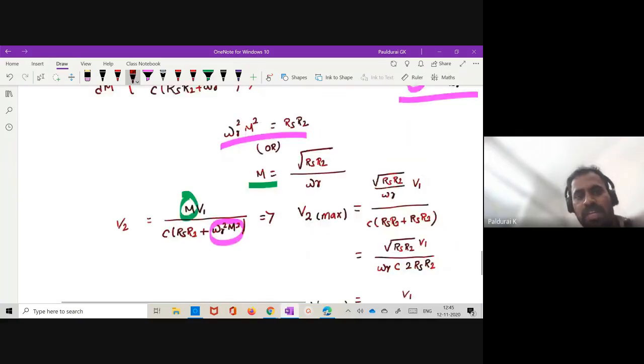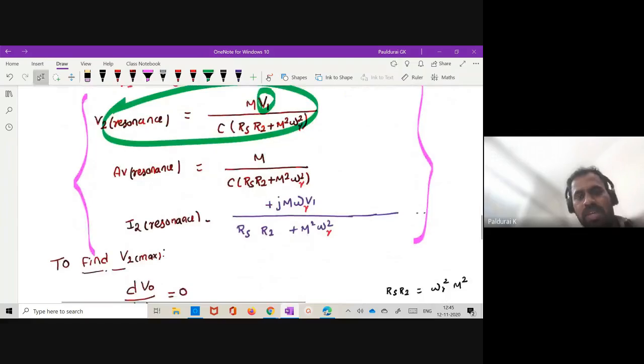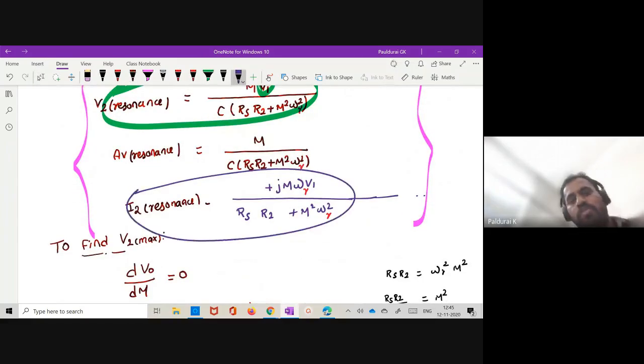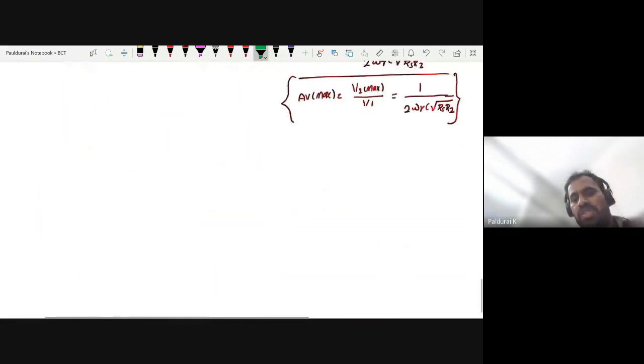Similarly, find I2 max. What is the value for I2? This is my I2 at resonance. Take this formula and substitute here also. Replace this omega R squared M squared by Rs R2, and replace this M by square root of Rs R2 divided by omega R, and you can find the I2 maximum value.